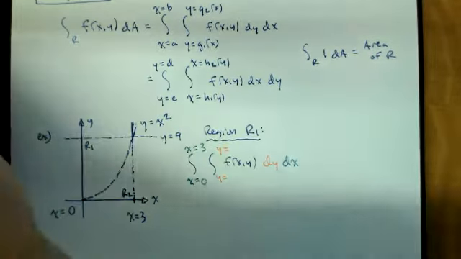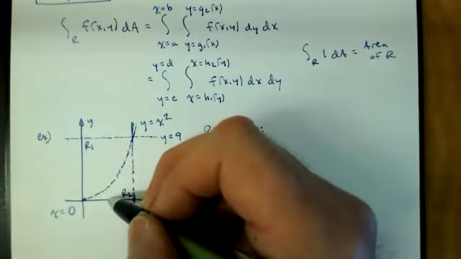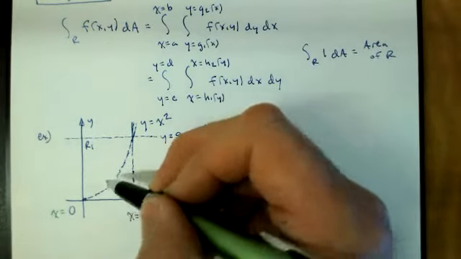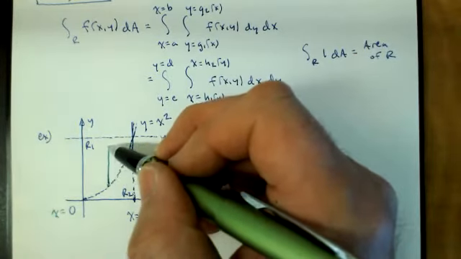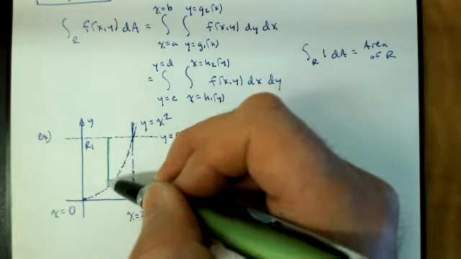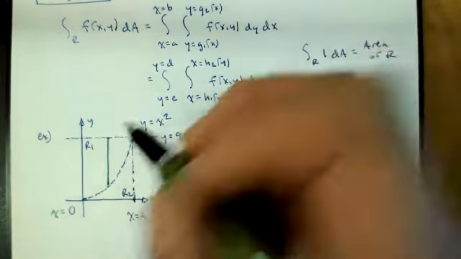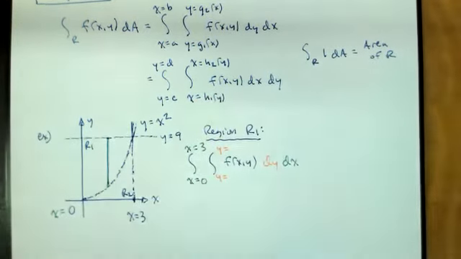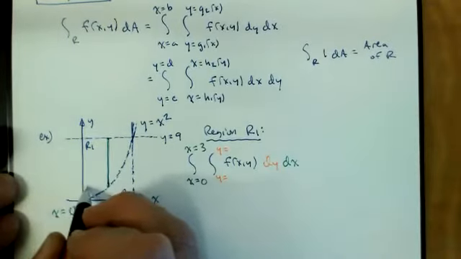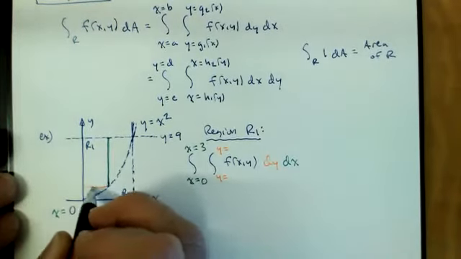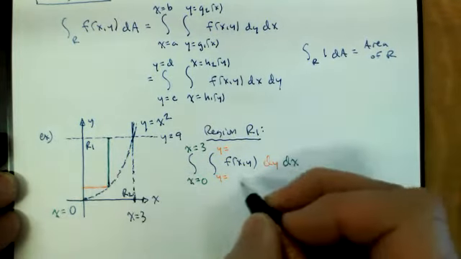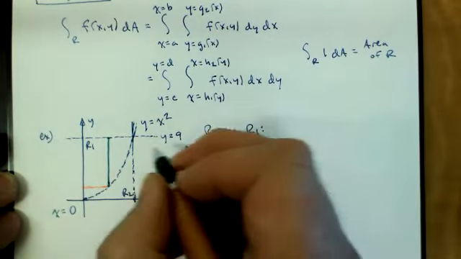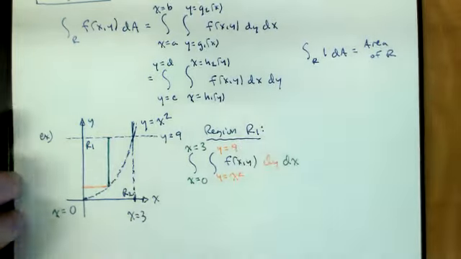If I pick a generic x value, I don't get to the region until I get to this parabola. And then I stop when I get to this line y equals 9 at the top. So y is going to start off at x squared and stop at 9.